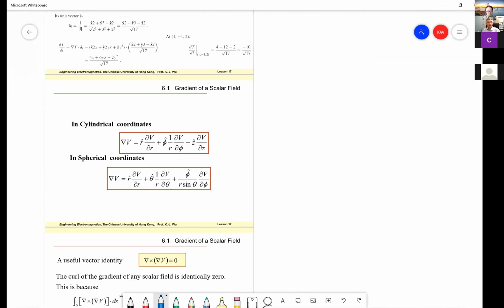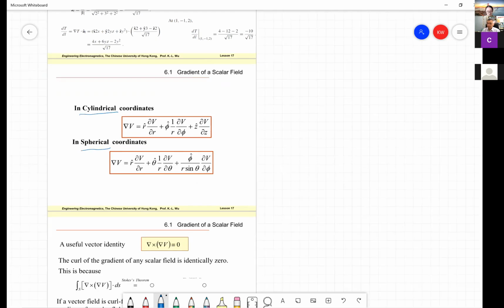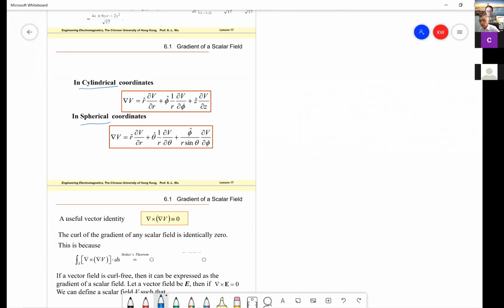Same as divergence and curl, just now we derived the del in the Cartesian coordinate system. You can also find the del in the cylindrical coordinate system and also the spherical coordinate system. We are going to use this later on today.